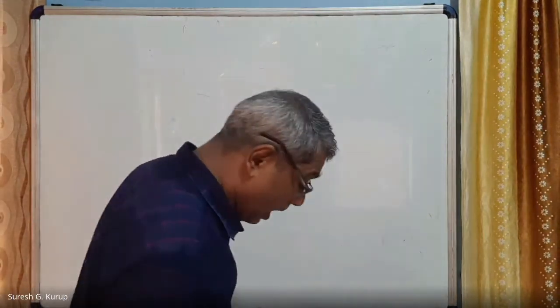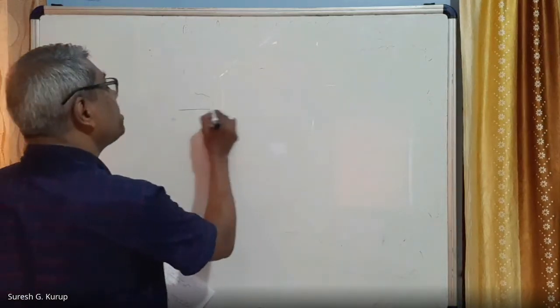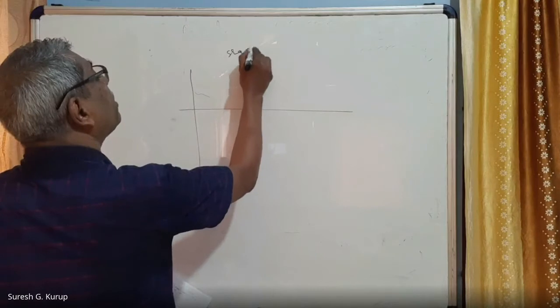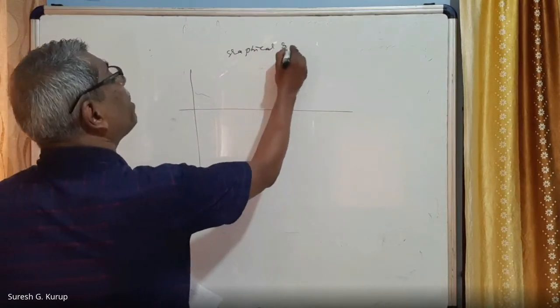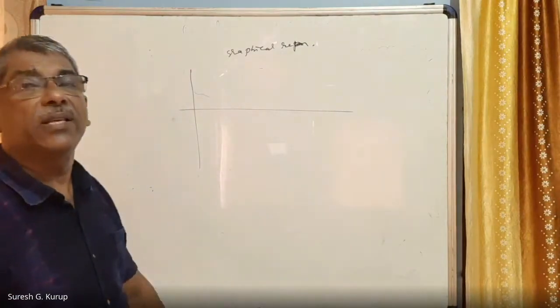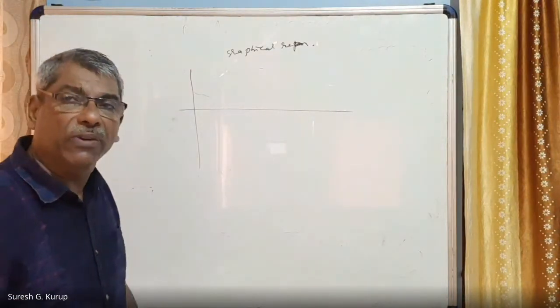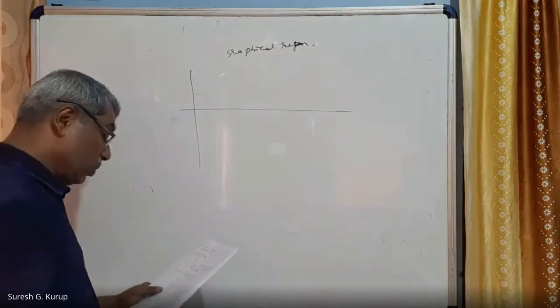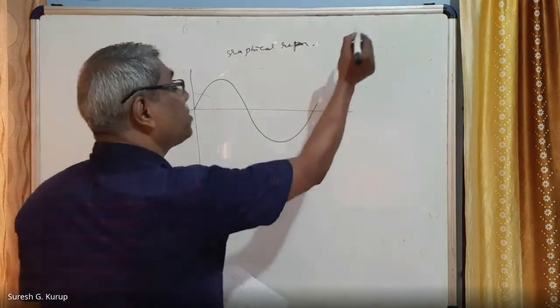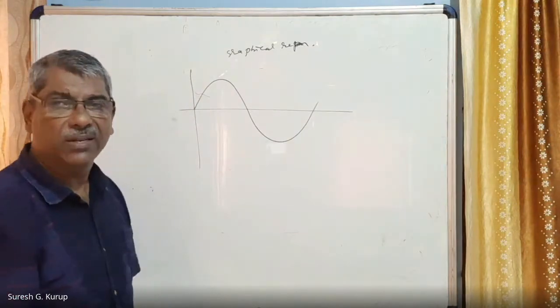That's a graphical representation. The earlier one was the phasor representation. This is the graphical representation, right? So in the graphical representation, this is EMF. EMF is represented by E is equal to E0 sin omega t.